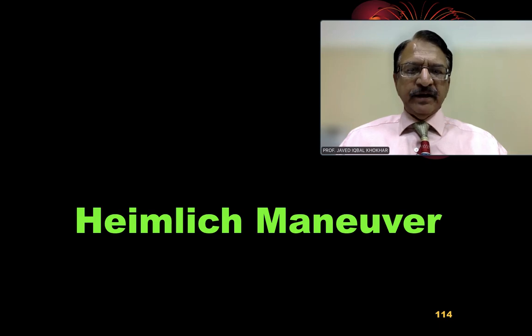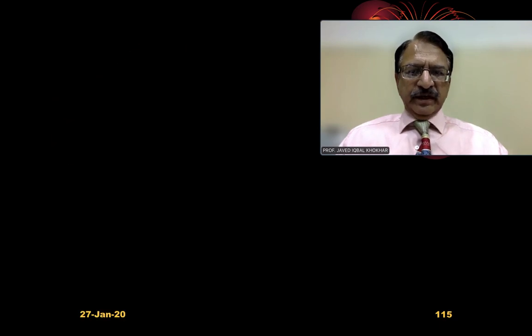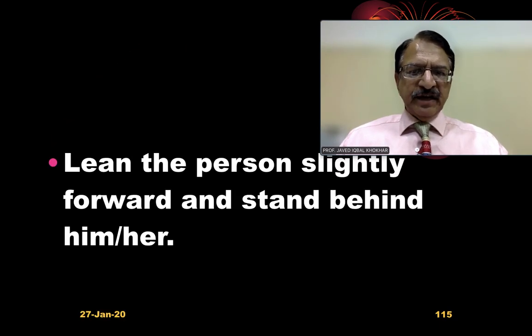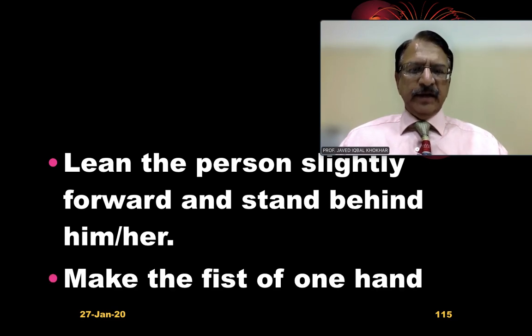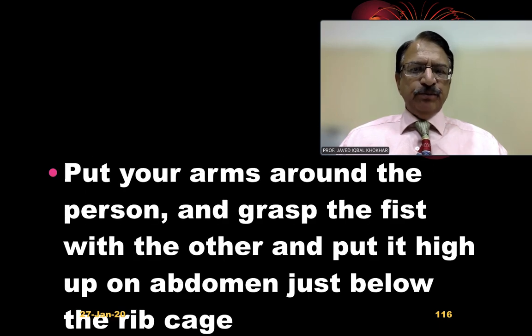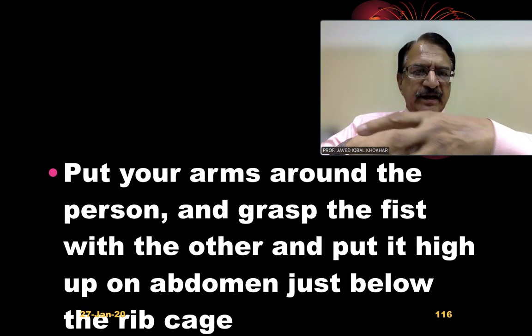Now, the Heimlich maneuver is important and everyone should learn it. Lean the person slightly forward and stand behind him or her. Make a fist of one hand. Put your arm around the person and grasp the fist with the other hand, like this.